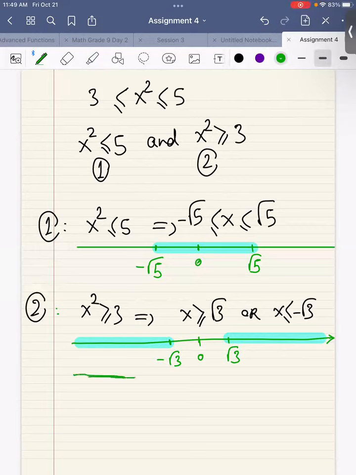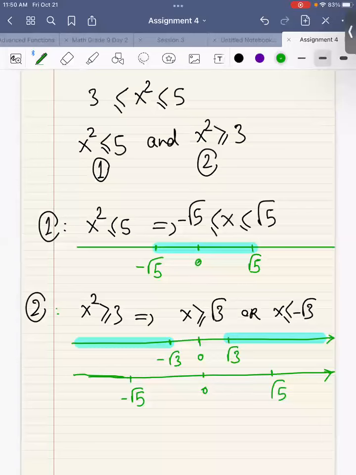Between square root 3 to... the blue area is... I mean, let me just draw the first one here for you so you can see it. So here I just color it by yellow.